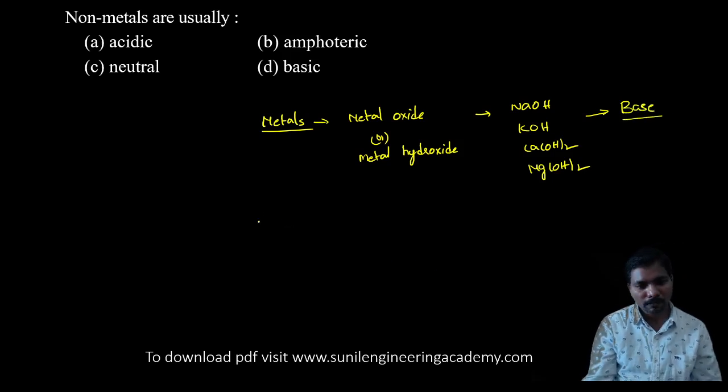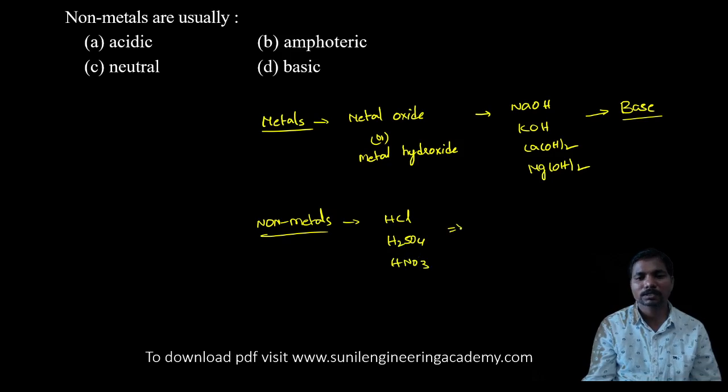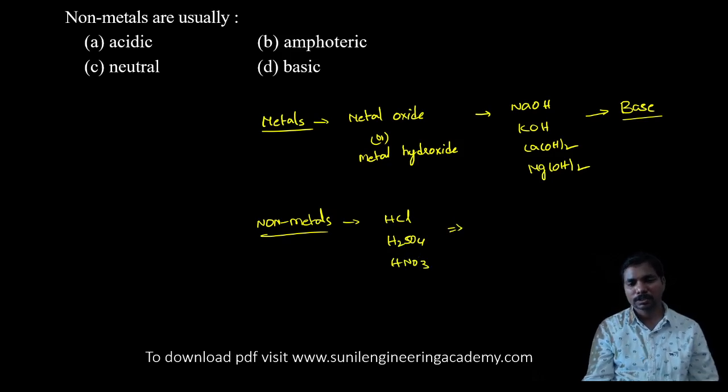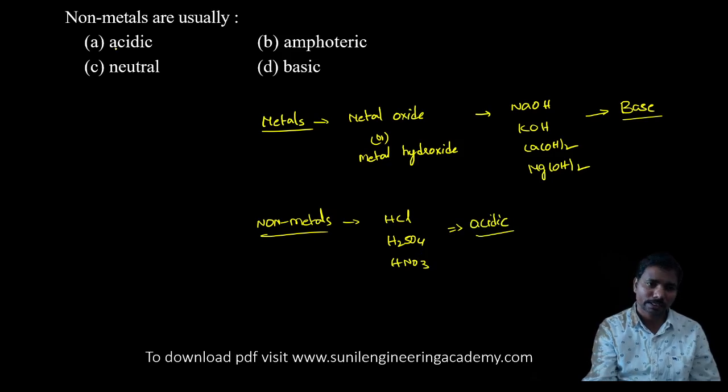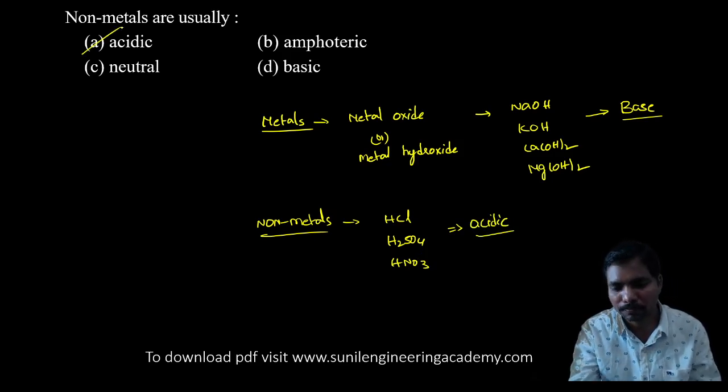In the same way, if you consider non-metals, their oxides or chlorides, HCl and their sulfates, H2SO4, HNO3, all these are from non-metals. So chlorine, hydrogen, sulfur, oxygen, nitrogen, all these are non-metals. Non-metals are of which nature? Acidic in nature. So the answer is option A.